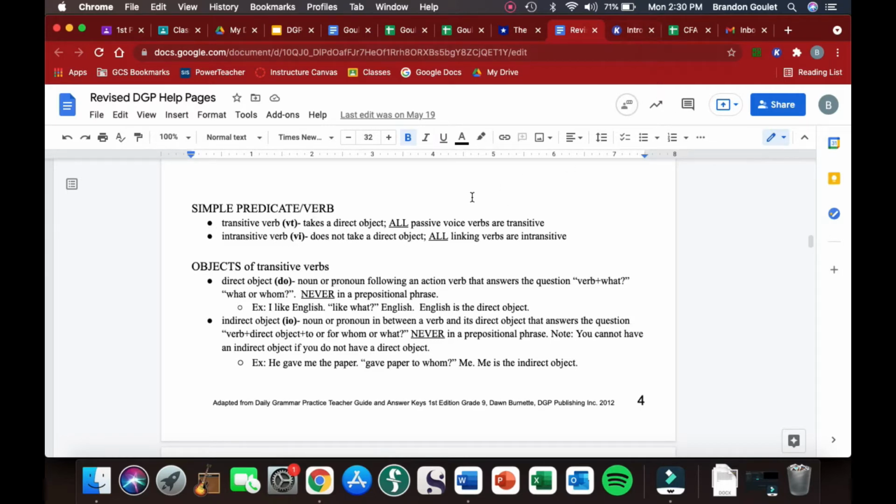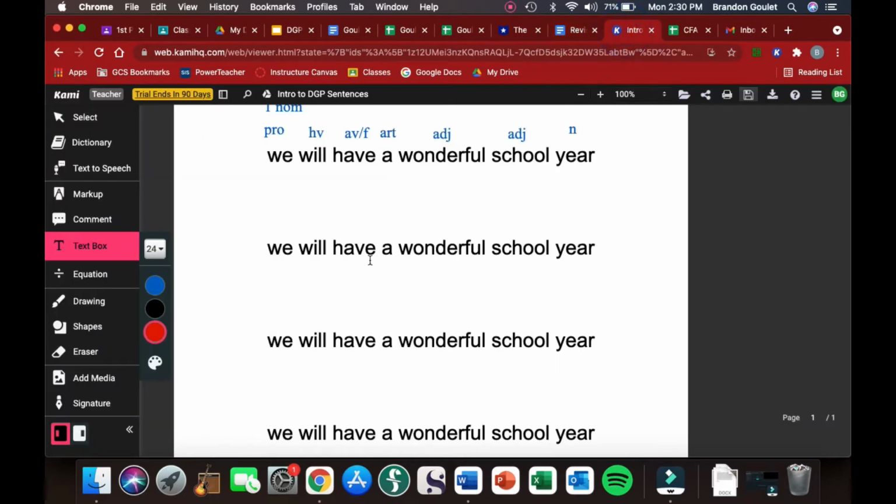So a quick way to determine that is if we look at our sentence, if we say our verb and then the word what, have what, if the sentence answers that question, typically that means you have a direct object. So if we say we will have what, we're looking for a noun or pronoun that answers that question. And in this case, year answers that question.